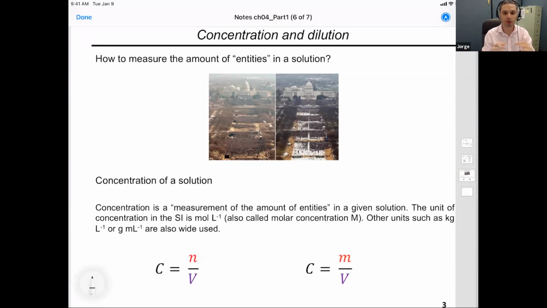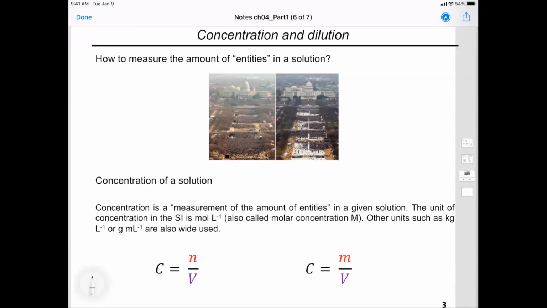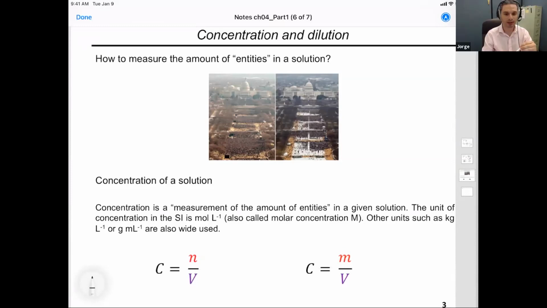If I show you these two pictures, clearly the one on the left side has more people in the same area, and the one on the right side has fewer people in the same area. So we can say that in the picture on the left side, the concentration of people is higher than the one on the right side.